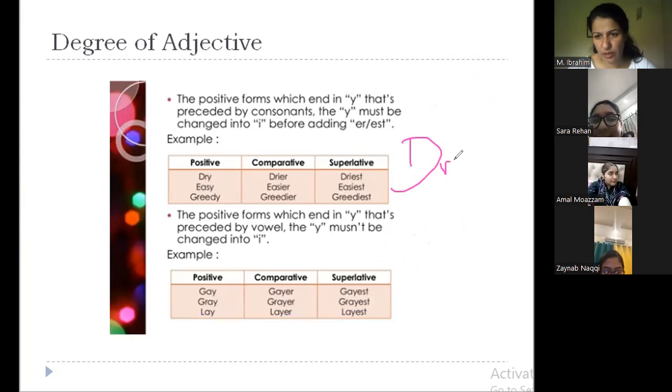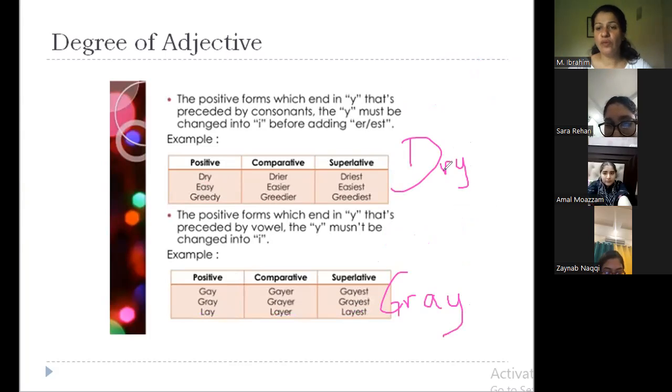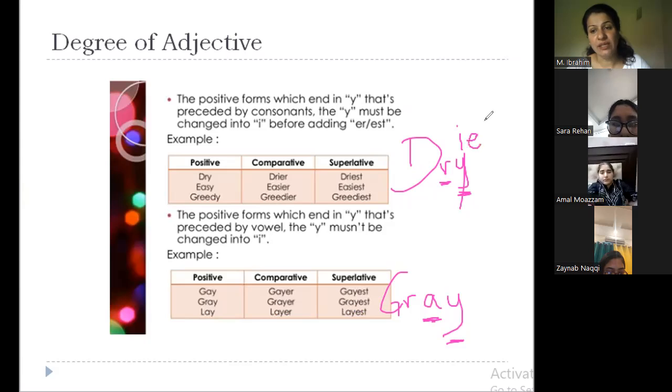I'm writing horrible, please do excuse me, and we will take the second example. Now, over here, before Y you had a consonant sound. Over here, you had a vowel sound before Y. So when you have a consonant, you're going to change it into I before adding ER or EST.